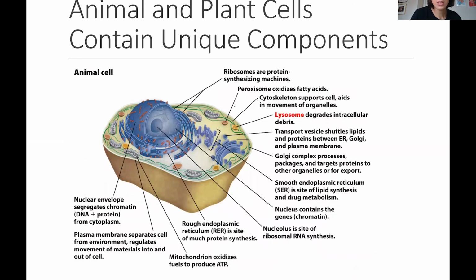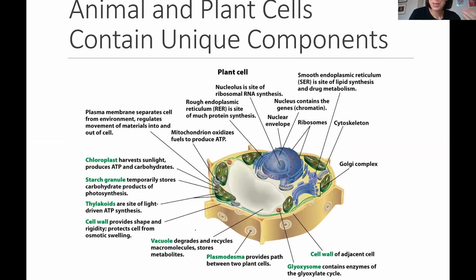They make their energy in the mitochondria. These are the powerhouses, right? Plant cells still do have mitochondria, so don't forget plant cells also utilize mitochondria and they have chloroplasts. So mitochondria are shared between these eukaryotic cells. Chloroplasts are unique to plant cells.